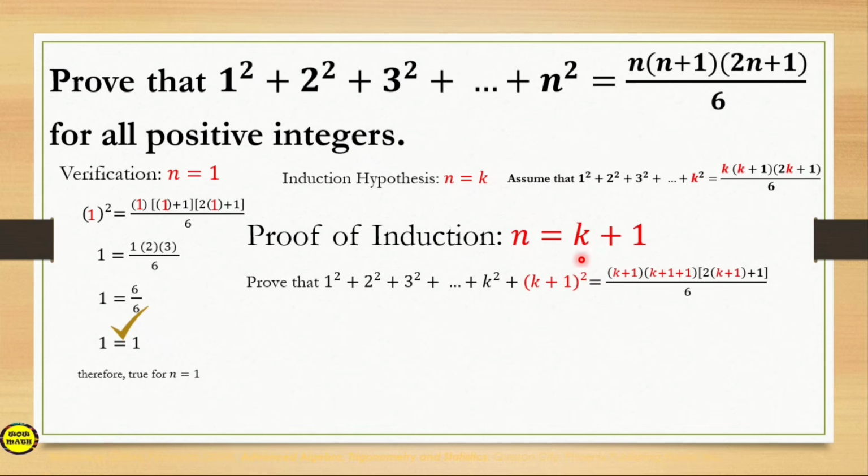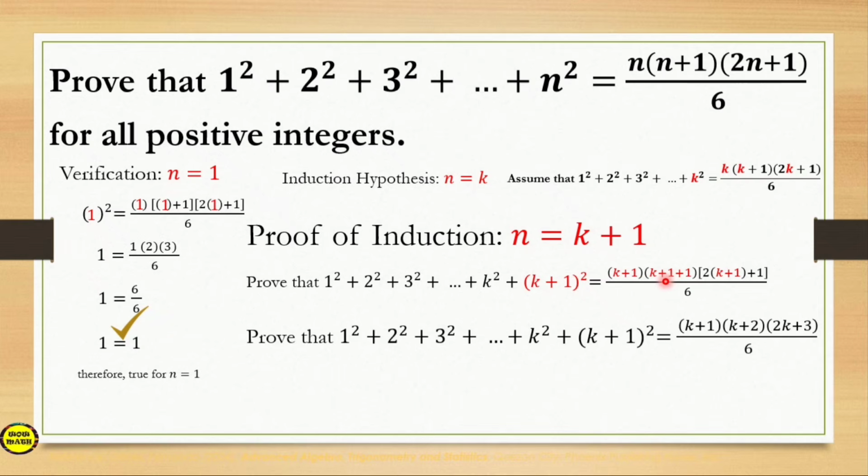So, k plus 1 squared is equal to, then lahat ng n natin dito, papalitan natin ng k plus 1. So, k plus 1 times, yung n, papalitan ng k plus 1 plus 1 times 2 times k plus 1 plus 1 all over 6. So, simplify natin ito para makita natin ng maayos.